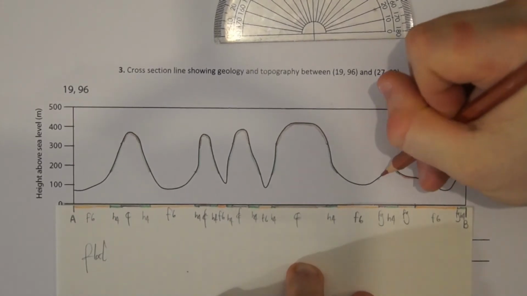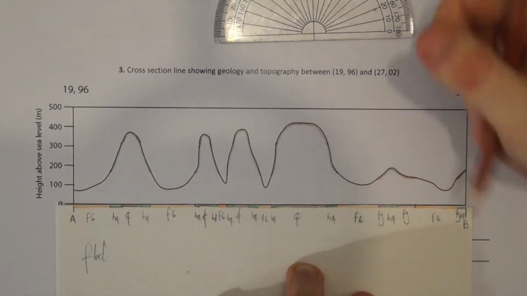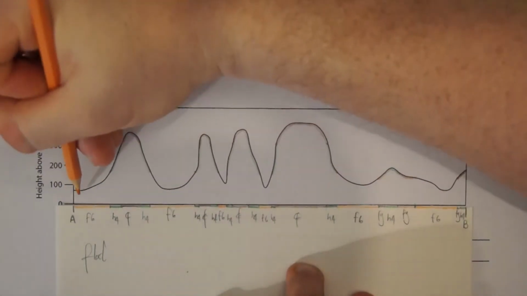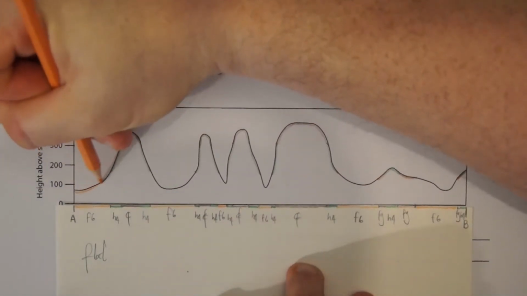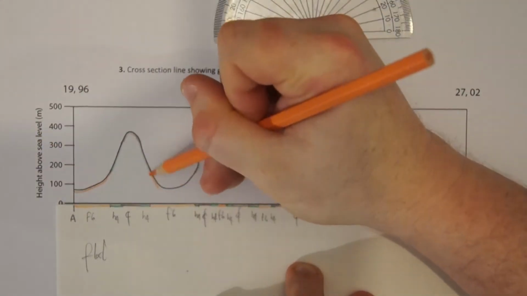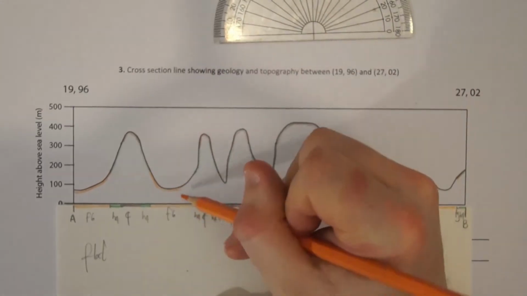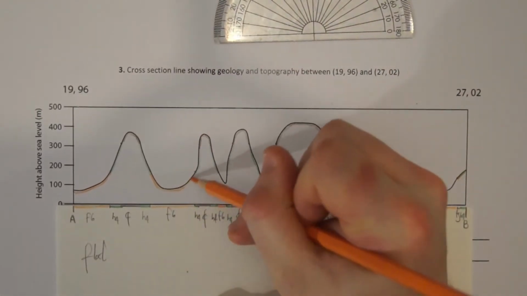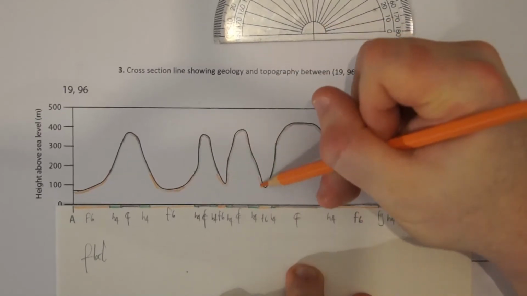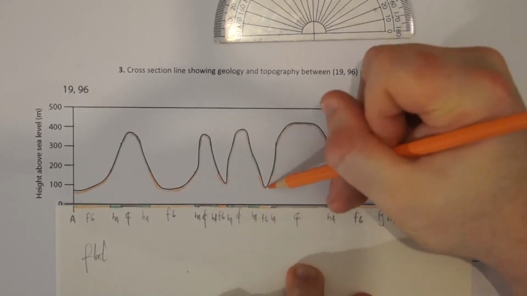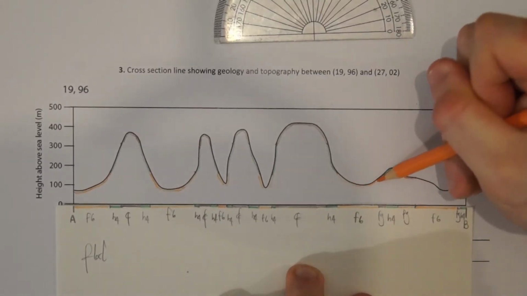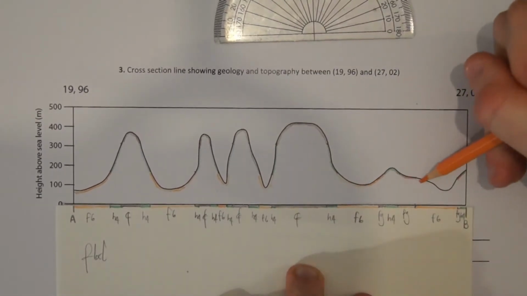There's a bit of it there. There's a bit of it there, and then I don't see it again. And then the only thing that I've got left is the Keuper Marls, that salmon pink unit. Just drawing that in as a thin veneer. And this one, and then I think we just have one more.